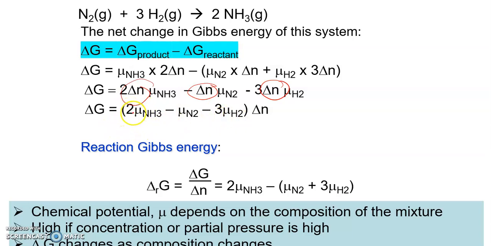In brackets we will have 2 mu NH3, ammonia, minus mu N2, nitrogen gas, minus 3 mu H2, hydrogen, times delta N, and so we can move this delta N to our left hand side. So we'll have delta G over delta N equal to 2 mu NH3 minus mu N2 minus 3 mu H2. So here is our product minus our reactants.